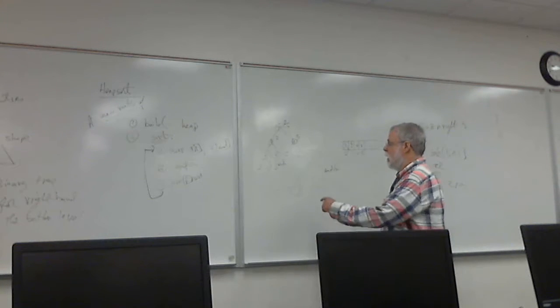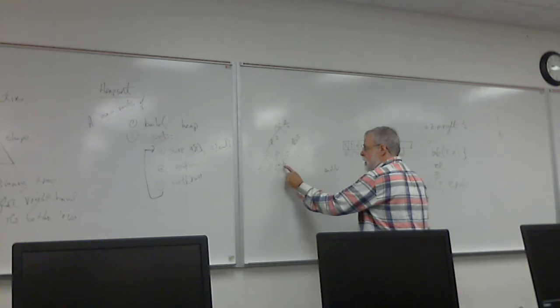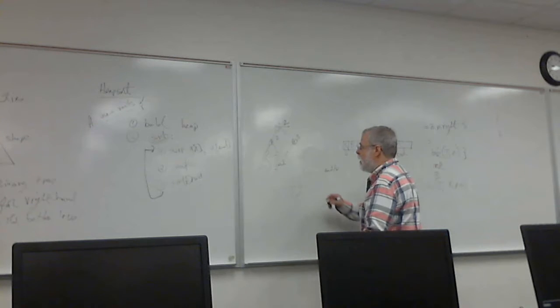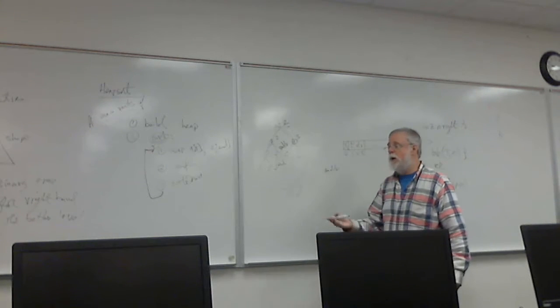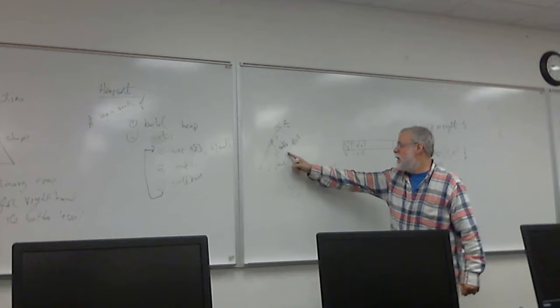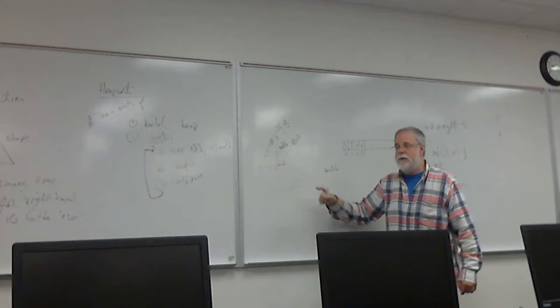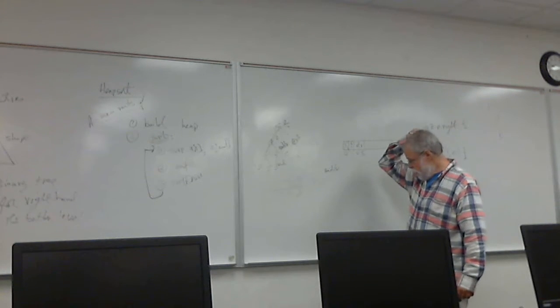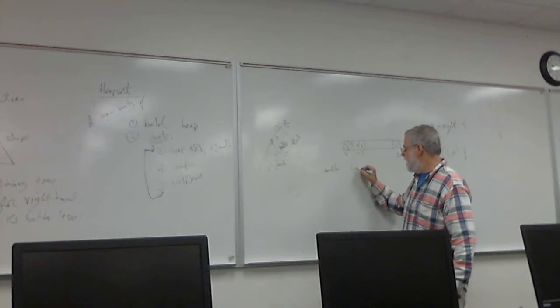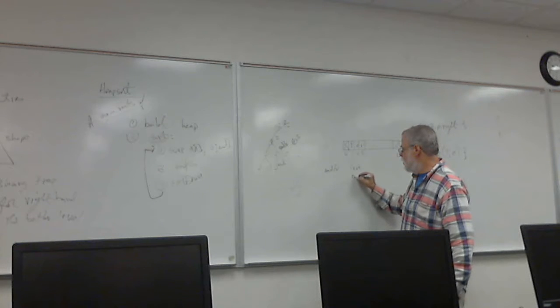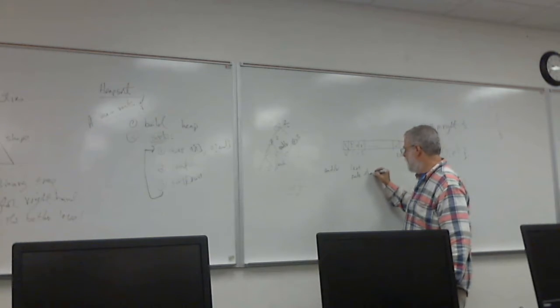So n divided by 2 would be this node. Again, you throw away the fractional part. And so what about these nodes here? They don't have any children. So n over 2 is the last node that has a child.